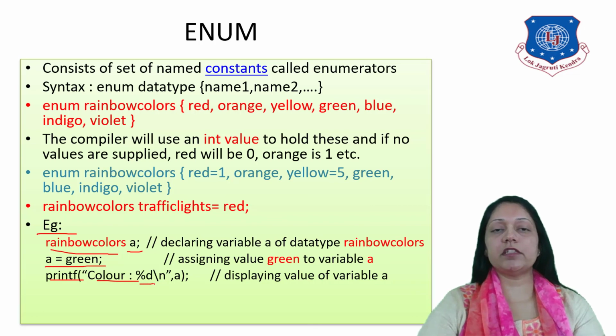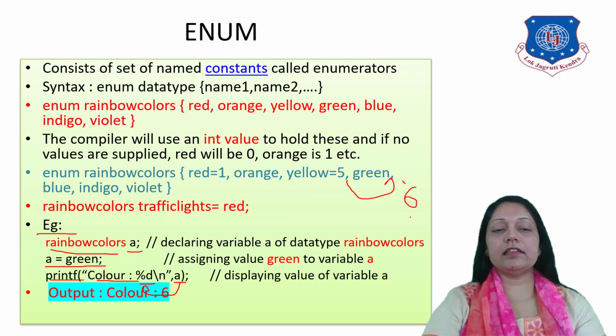I've used the format specifier %d, meaning a number would be displayed, and this number you will get from the variable A. What is A? A is equal to green. What is the value for green? That is 6. If you look at this, 5 and then 6. So the output in this case would be color colon 6 displayed onto the screen.